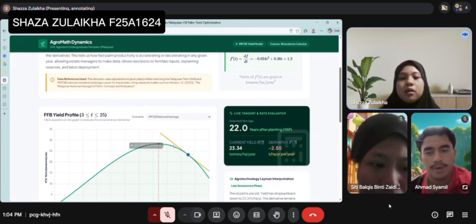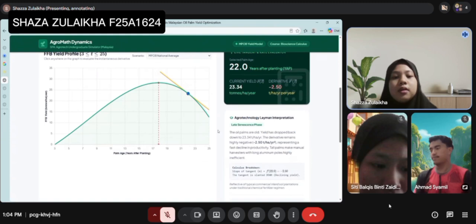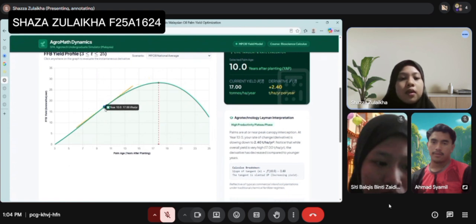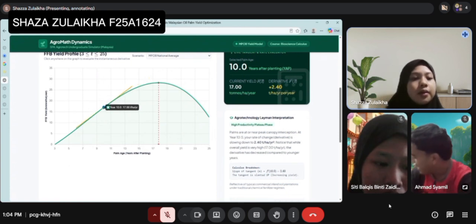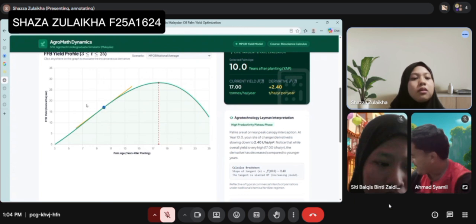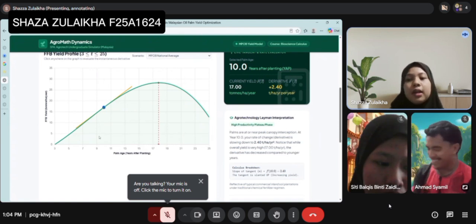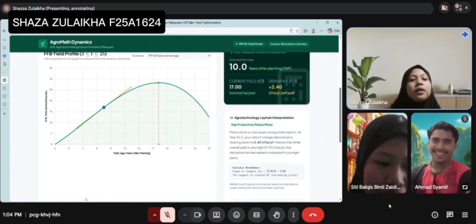For example, at year 10, the website shows both the yield and the rate at which yield is changing. This allows users to interpret plantation performance more effectively.